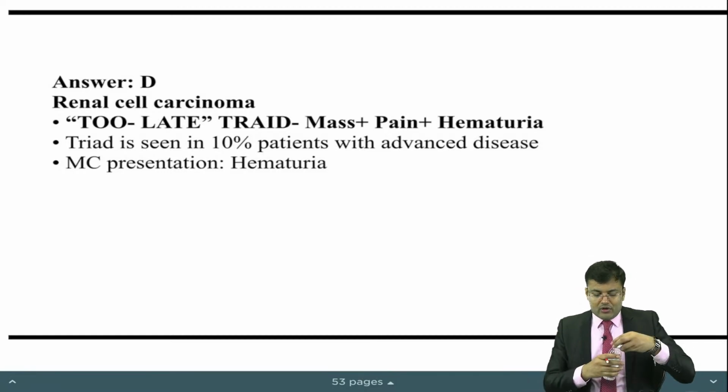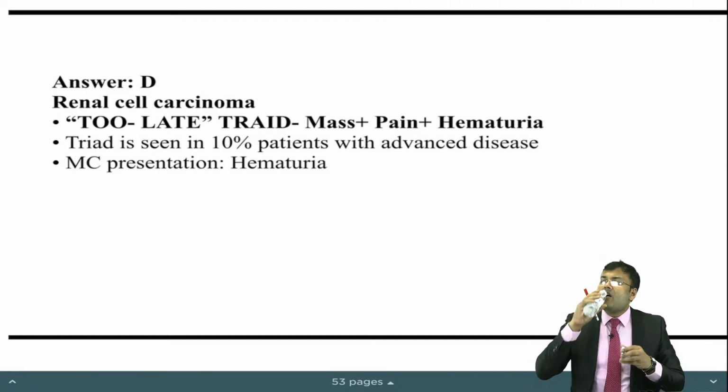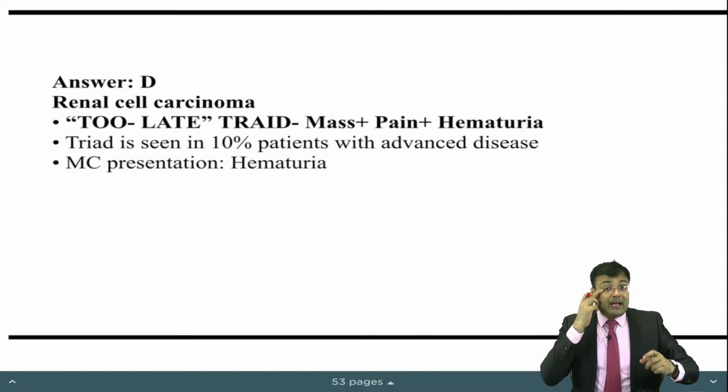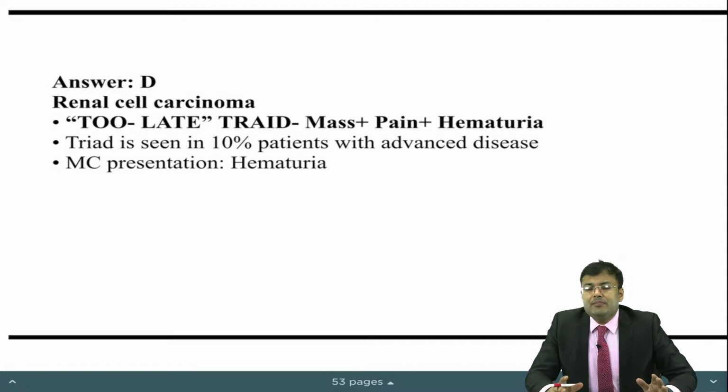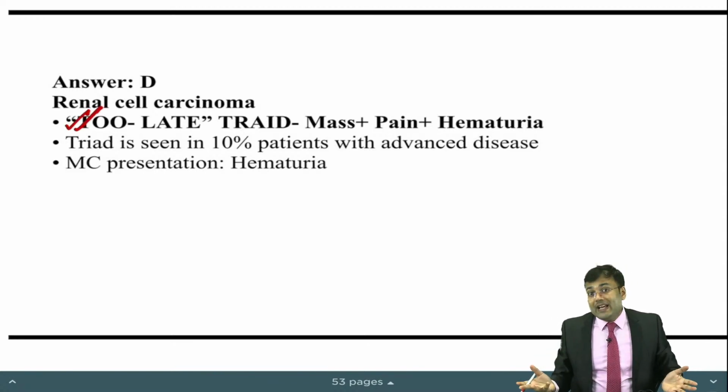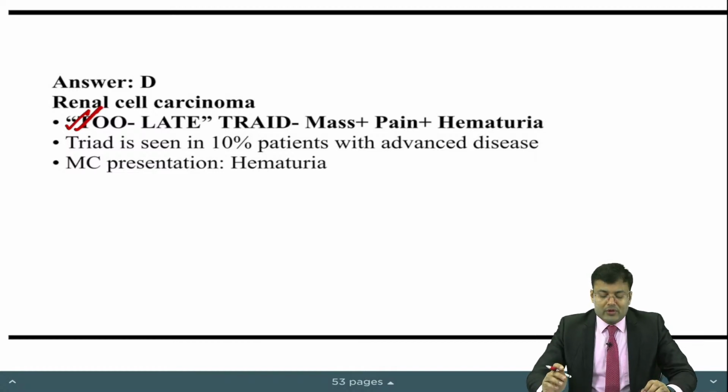Why it is called too late triad? Because mass, pain and hematuria, it is seen only in 10% patients of RCC who are having advanced disease. That's why if person is having this triad, we say that it's too late. That's why it's known as too late triad. And what is the most common presentation? And that is hematuria.